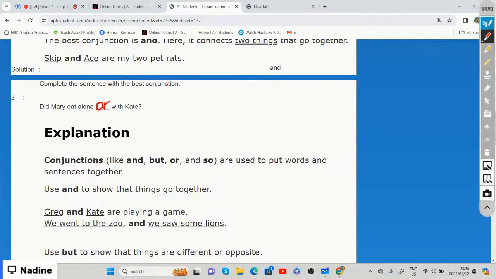And we said we use the word or to show choice. Because Mary had a choice to either eat alone or eat with Kate.